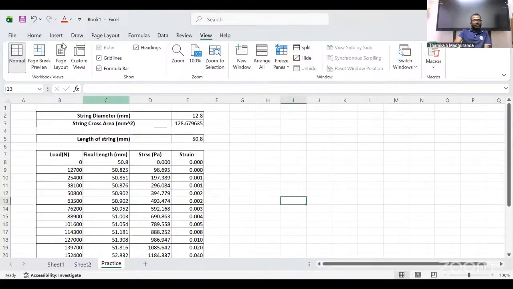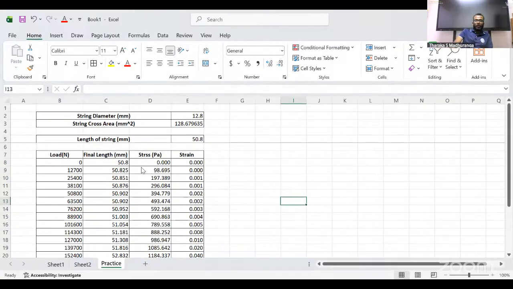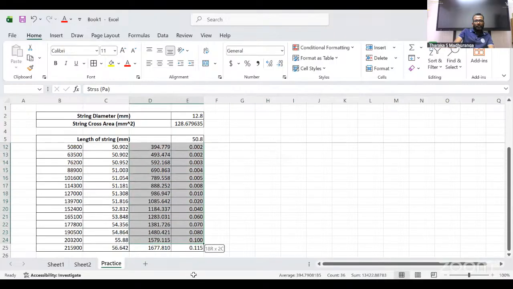The other basic tools. And now we got the stress and strain relationship. If you want, you can get a graphical representation.